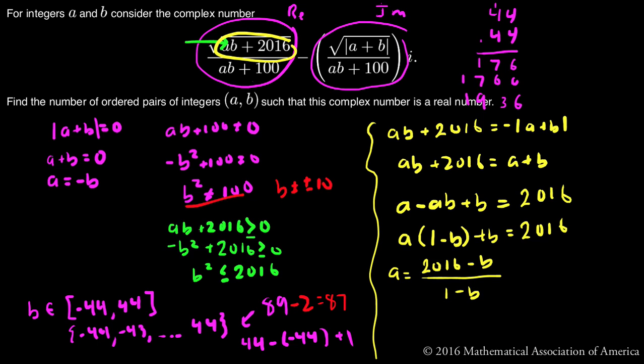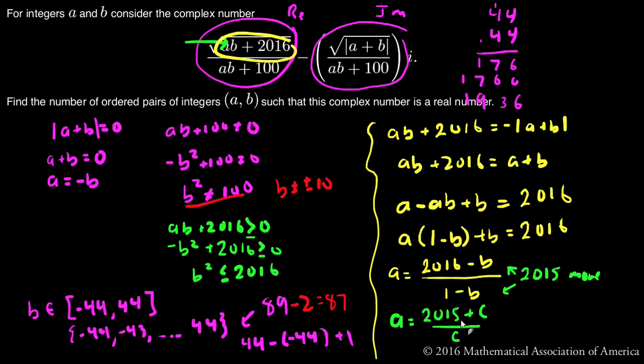And what I noticed here is the following. The top term is 2015 greater than the bottom term all the time, because no matter what I do here, this will be 2015 more. And the only way to make this happen, if one is 2015 more than the other, is the same thing as saying I have 2015 plus C divided by C. This makes the top 2015 more than the bottom.